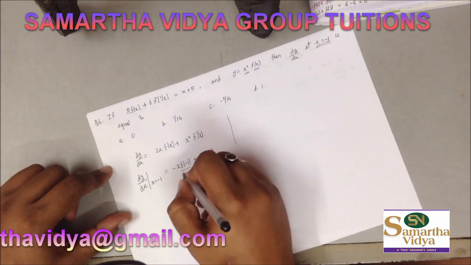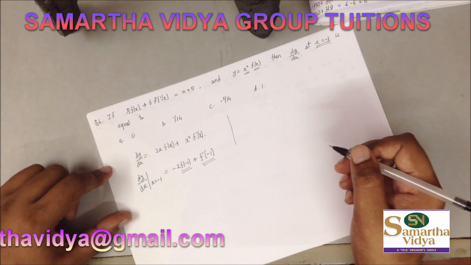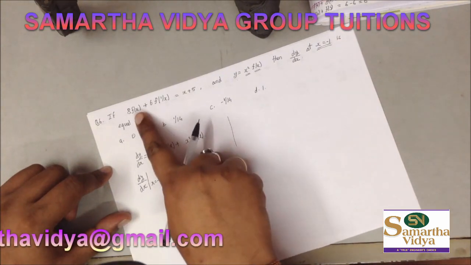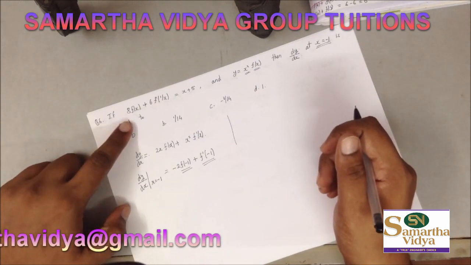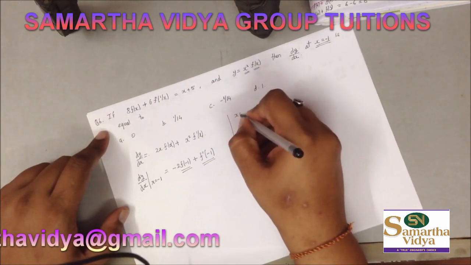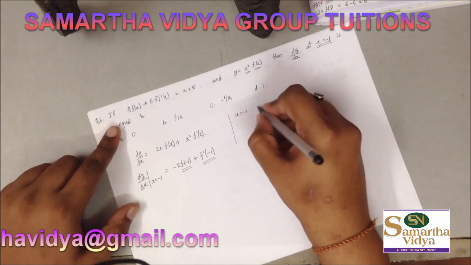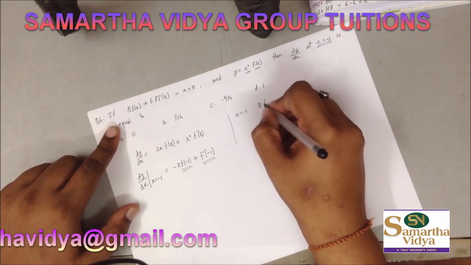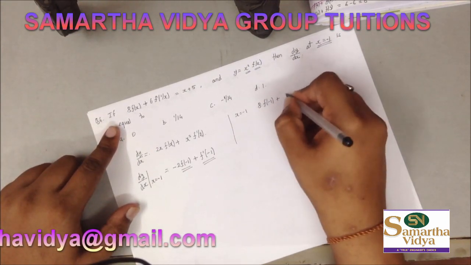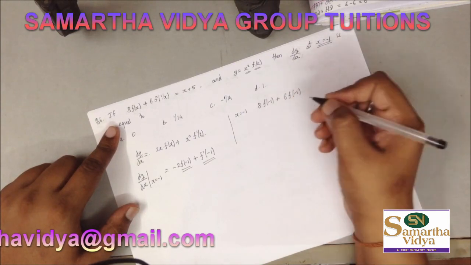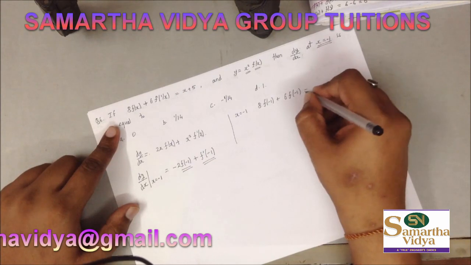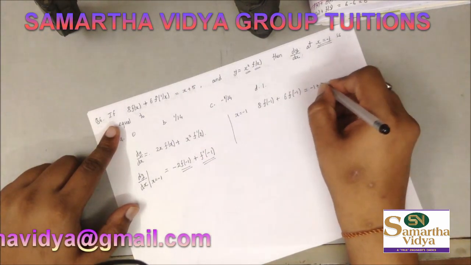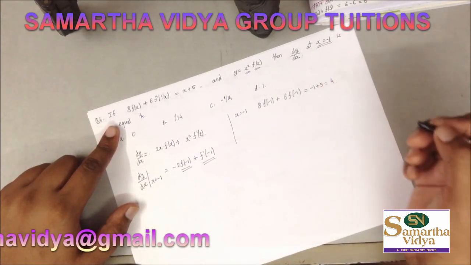So let us first concentrate on f of -1. So f of -1 is, you can see from this relation, because we have not used this up yet. So from this relation, I'm just substituting x is equal to -1, and I'll be getting 8 f of -1 plus 6 f of -1, because it is 1 upon -1, so that becomes -1, is equal to -1 plus 5, which is basically 4.